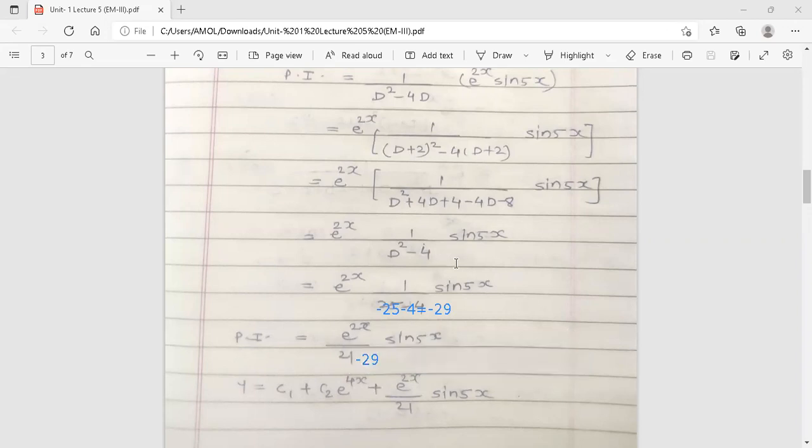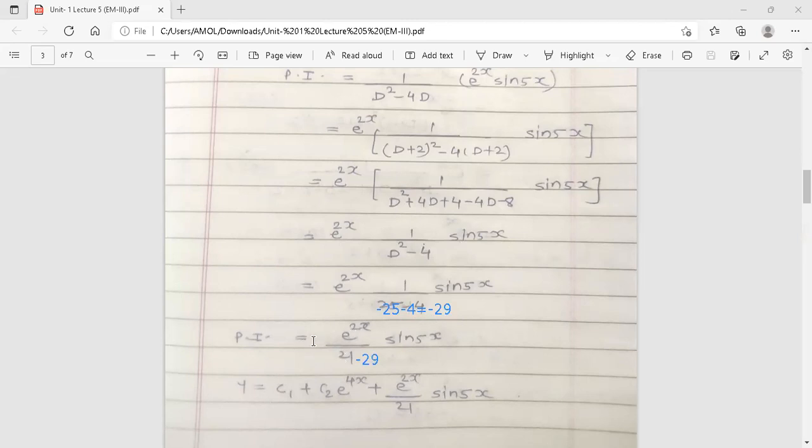Because we replace D square by minus 25, minus 25 minus 4 is minus 29.